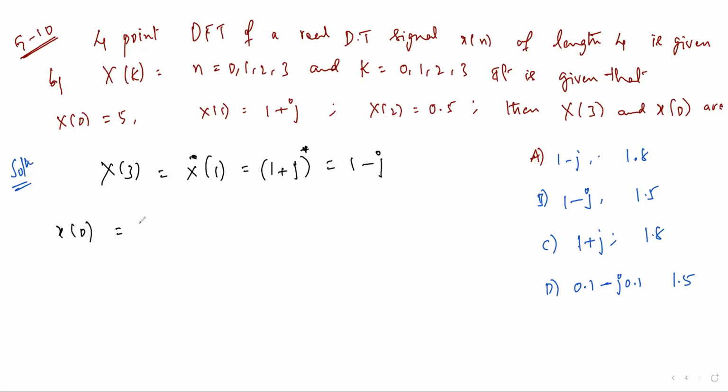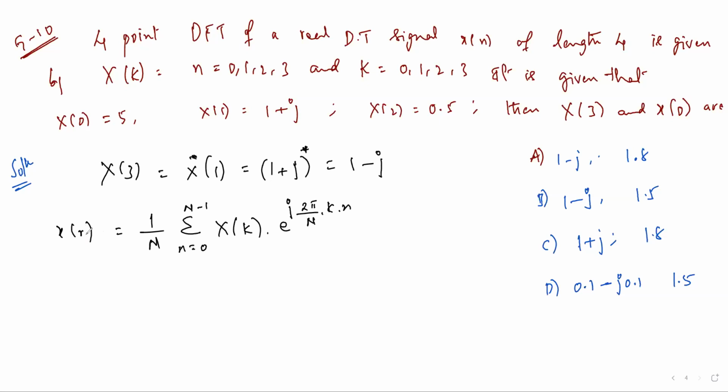And x of 0. For x of 0, what is the formula? 1 by N, sum from n value 0 to N minus 1, X of k, e to the power of plus j 2 pi n k by N. This is the general formula for x of n. If you take n value 0, you get the x of 0 value.